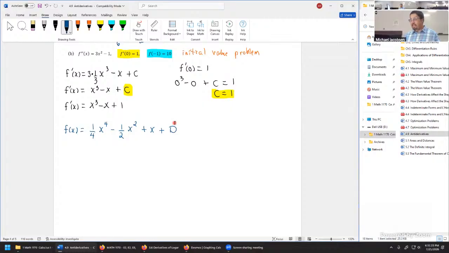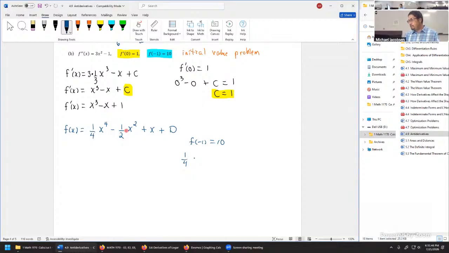Okay, let's go back to that initial value. F at -1 is 10. Well, just plug -1 on the left-hand side. This time it looks like it's a little bit more annoying to solve, but we'll survive it. This is 1/4. X to the -1 to power 4 is just 1, so just a 1/4 there.